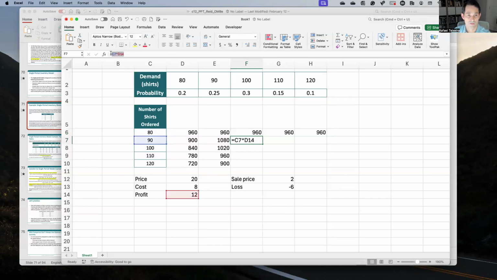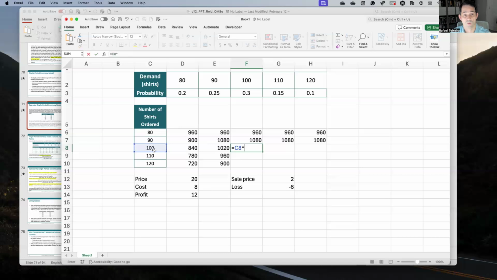So I'm going to lock all the cells just to copy them. He always sells all the 90 t-shirts ordered. He doesn't sell more because he doesn't have it. Here, the same thing. He's going to sell all the 100. Here, he's going to order 100. The demand is more than that. He's going to sell all the 100. That's it. The same thing here. So let's do it. 100.